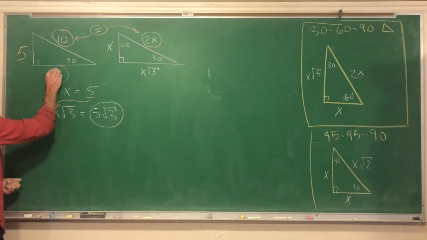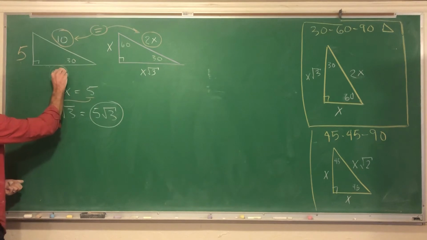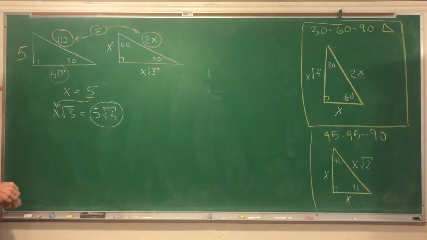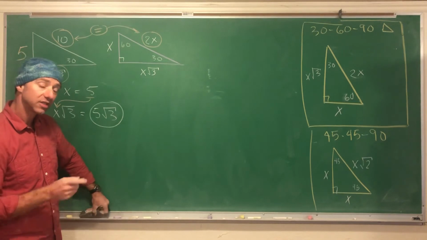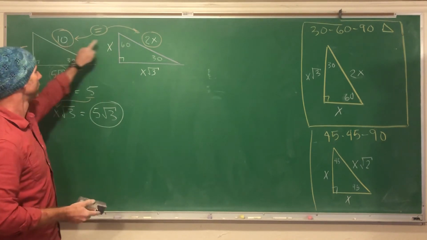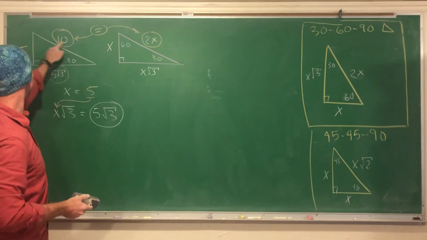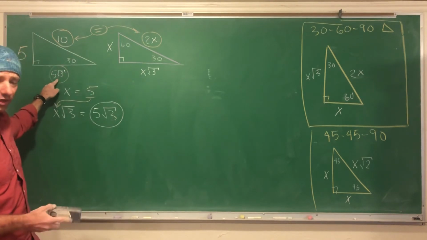And that's this length up here. Okay. Match them up, match them up. Now this was fairly straightforward because here the side lengths were nice, clean, pretty numbers. You had a 2x and an x and just a 5 root 3.